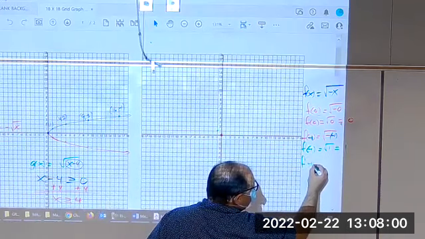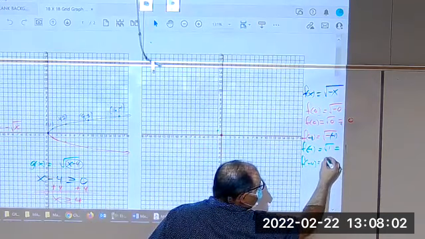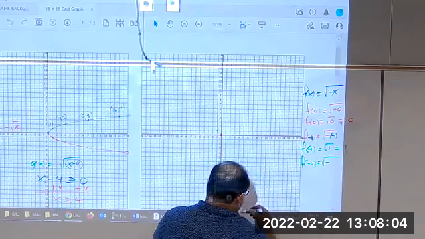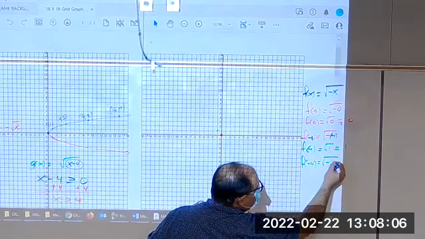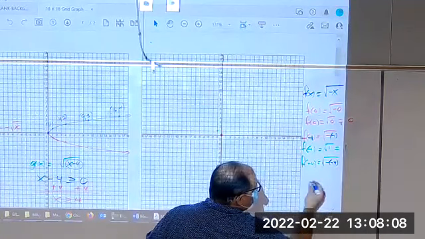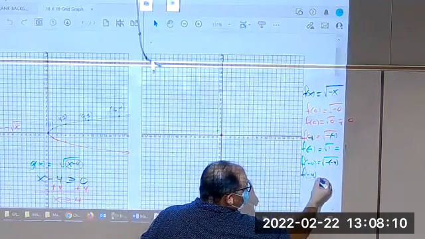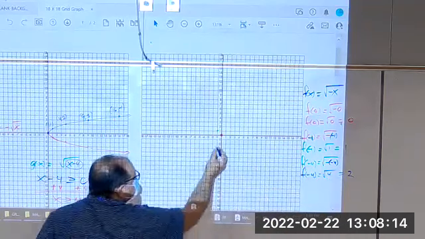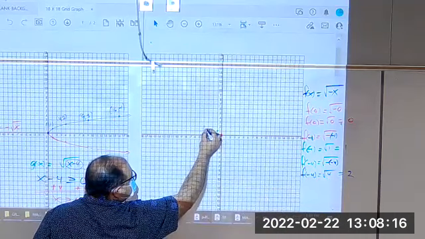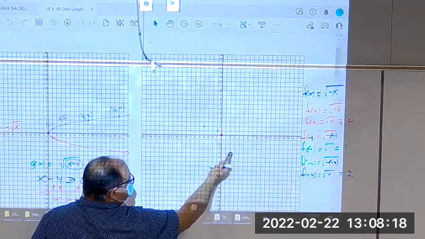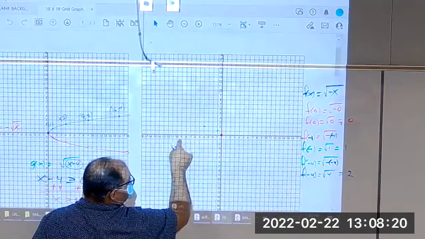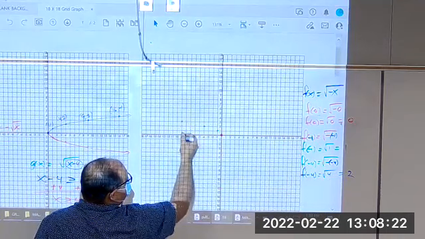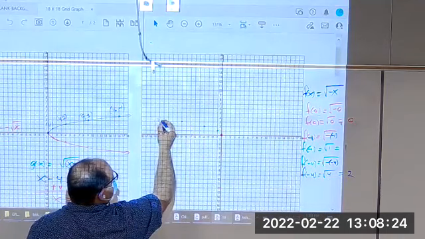So f of -4 would be the square root of a negative, and then your -4 goes in. So f of -4 is really the square root of 4, and you get 2. The next perfect square would happen at 9. So -9 would give me 3. -16 would give me 4.